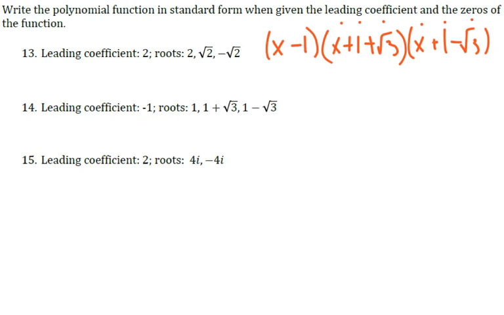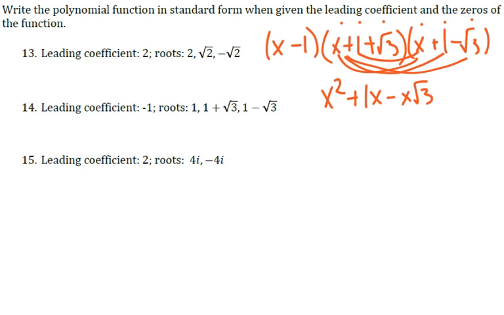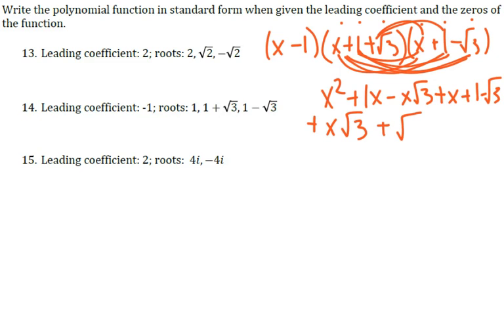So we multiply x times x, we get x squared, x times 1, 1x, minus x times the square root of 3. Then 1 times x gives us x, 1 times 1 gives us 1, 1 times the square root of 3 gives us square root of 3, I ran out of space, plus square root of 3 times x, plus square root of 3 plus square root of 3 times the negative square root of 3 would be a negative 3.